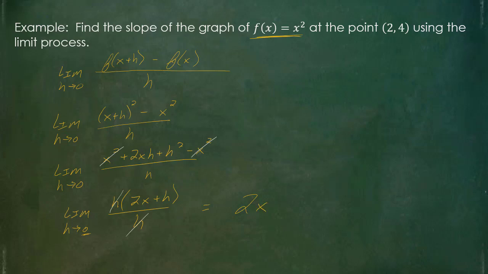So since this is only an x, and this is really my slope equation, remember all of this was equal to m. So if I just said that is my equation for my slope, all I need now is to plug in the x value from the point. So at 2, 4, my slope is going to equal 2 times the x value, which is 2, which happens to be 4. So my slope at 2, 4 on the graph of x squared has a value of 4.